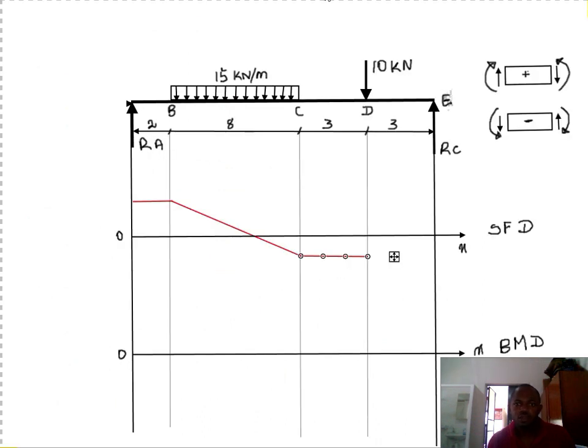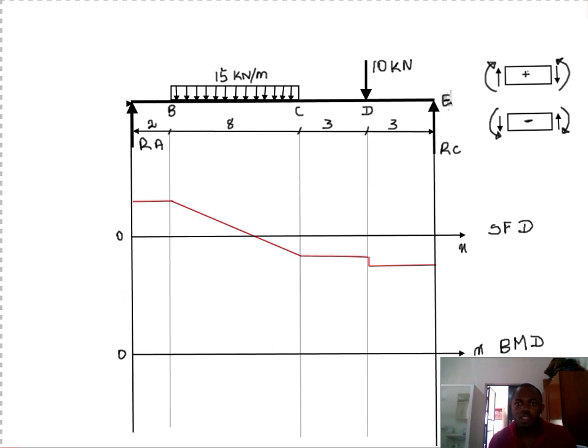So this bit increases, you go down here by 10. This is how it looks like, and from here we go straight because it's the same. Here is our shear force diagram.